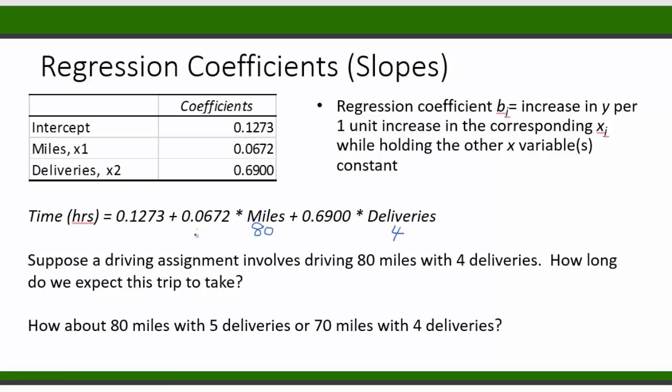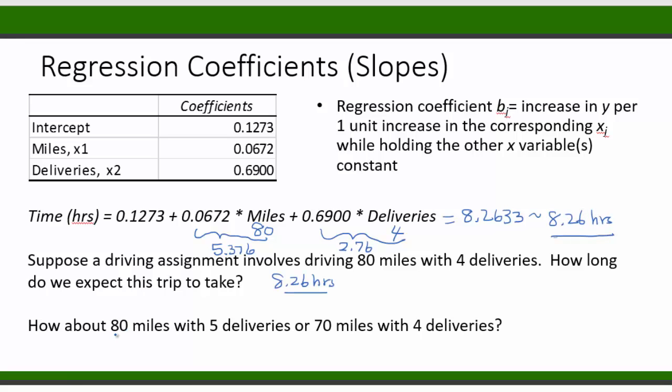So 0.0672 times 80 gives us 5.376, and 0.69 times 4 gives us 2.76, and adding these 3 values together gives us 8.2633, or 8.26 hours.